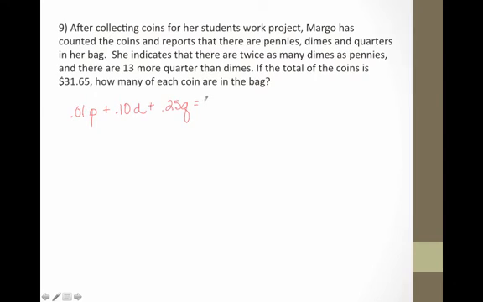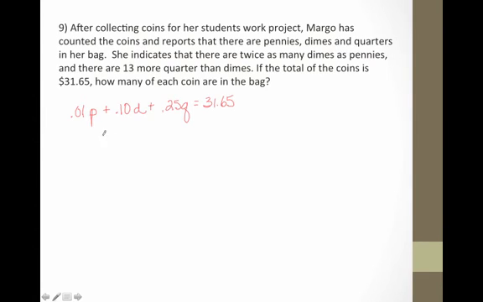And the total value in that bag is $31.65. Because I have 3 variables, P, D, and Q, I need 3 equations in order to be able to solve. This tells me here that I've got twice as many dimes as I have pennies.